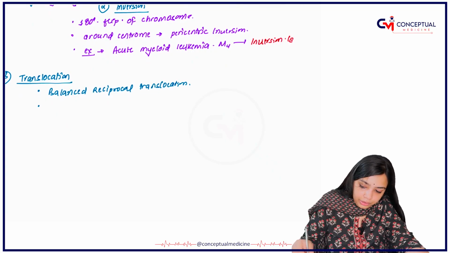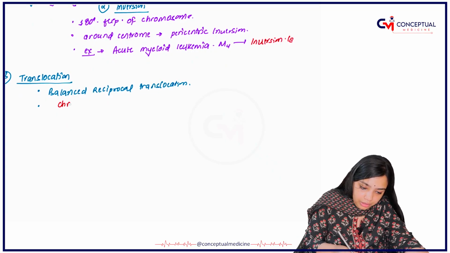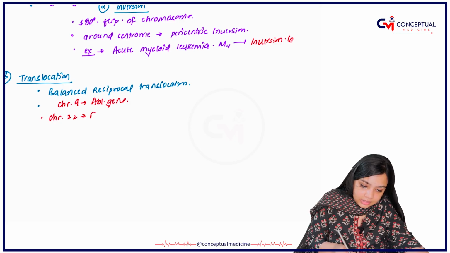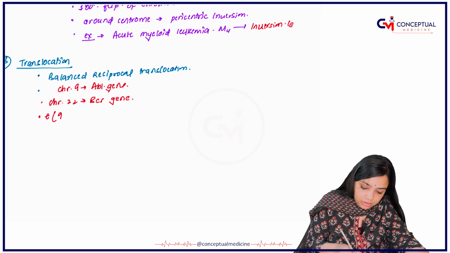It is mainly found in chromosome number 9, that is the ABL gene, and chromosome 22, that is the BCR gene. Okay, translocation 9 and 22.